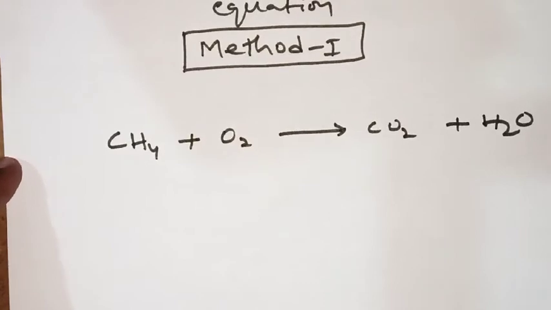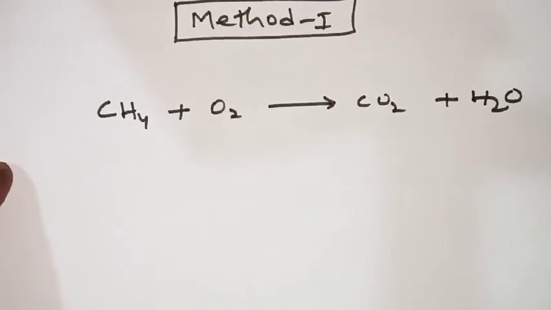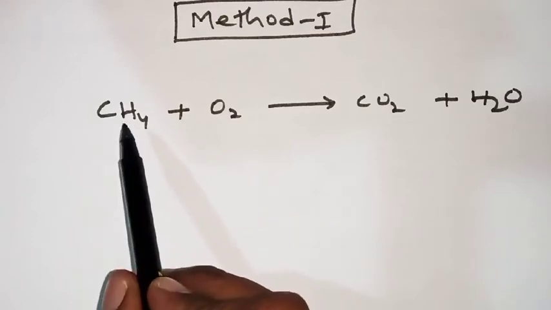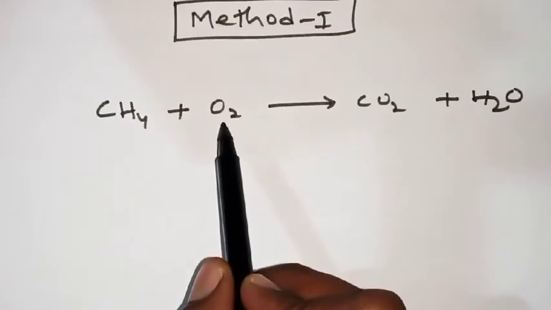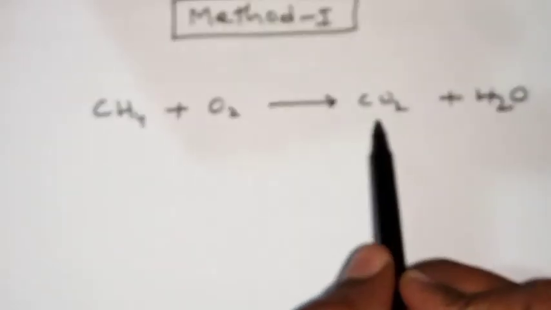This is the skeletal equation because the left side and right side atoms are not balanced. For hydrocarbon combustion reactions, oxygen is the supporter of combustion, and they will form carbon dioxide and water.